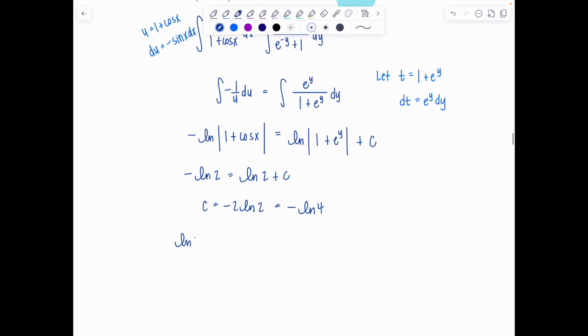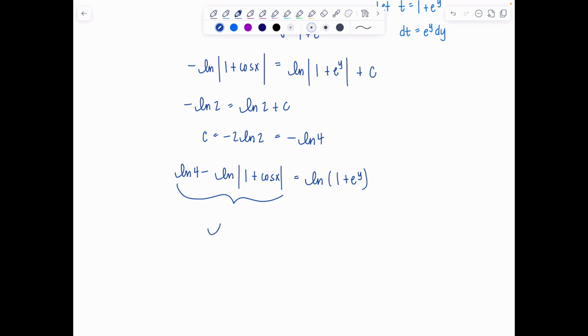So positive ln of 4 minus ln absolute value 1 plus cosine x equals ln 1 plus e to the y. That's not going to be negative, so I can just drop the absolute value there. I can combine these into a single logarithm. So ln 4 over, now let's think.